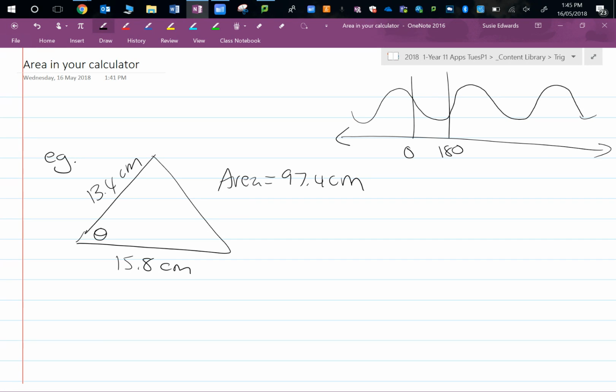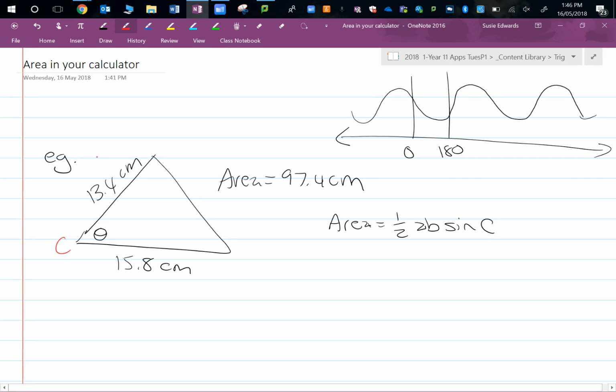All right, so if we look at this, we know the area, we're trying to find an angle. We've got two sides, so we're going to use that area rule with sine in it, okay? So that's the rule, which was area equals half AB sine C. Everyone remember that? If not, it's on your formula sheet. Now, what did we need to know about the labelling of this? What needed to be labelled what? The angle needs to be labelled as C, okay?